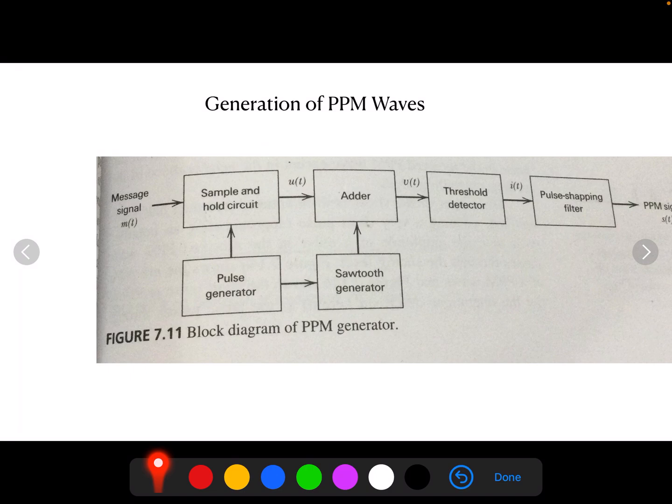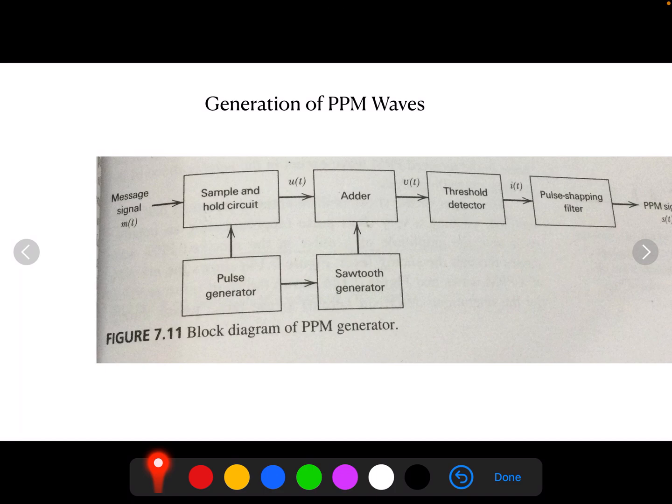Then to this signal we add a sawtooth wave, which yields the combined signal V of T. This combined signal V of T is then applied to a threshold detector. Thus it produces a very narrow pulse every time V of T crosses 0 in the negative going direction.